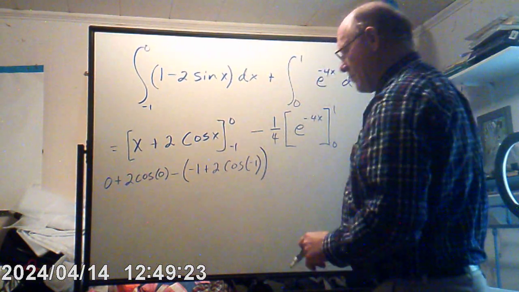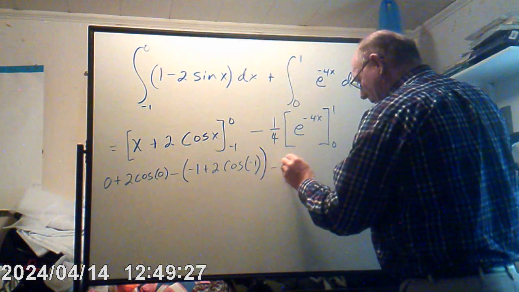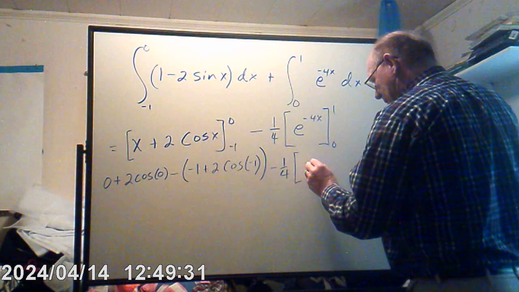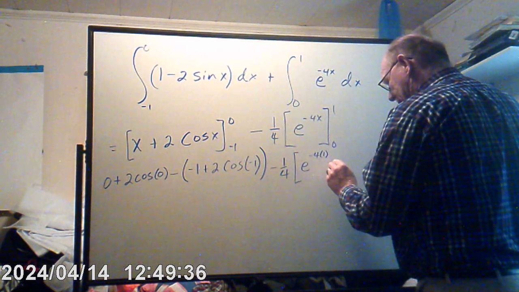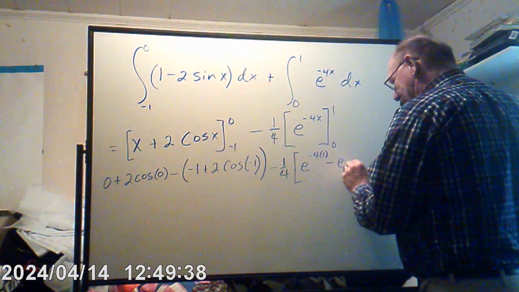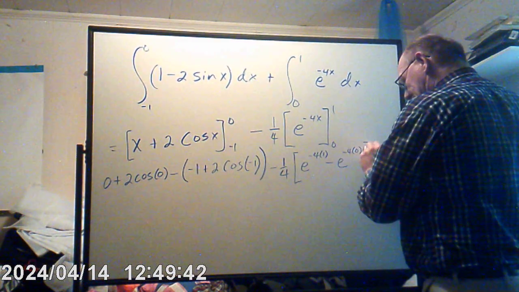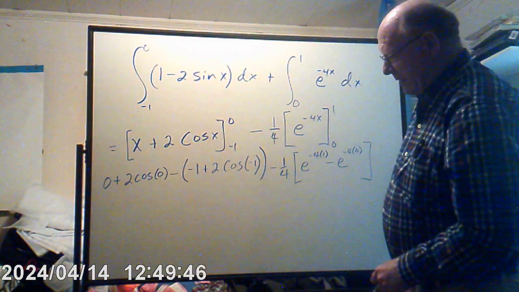Close that up. Minus 1/4 times e to the negative 4 times 1 minus e to the negative 4 times 0. Okay, so far so good.